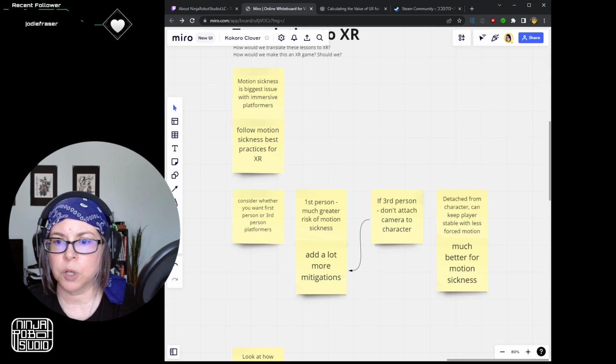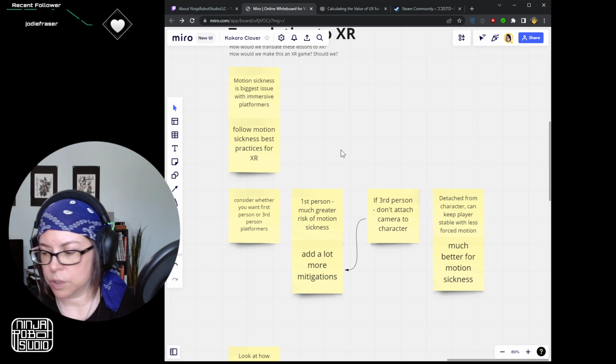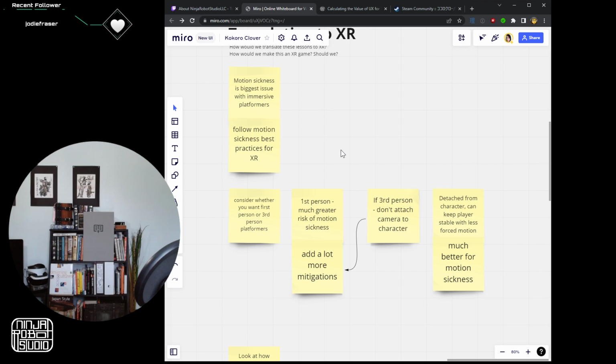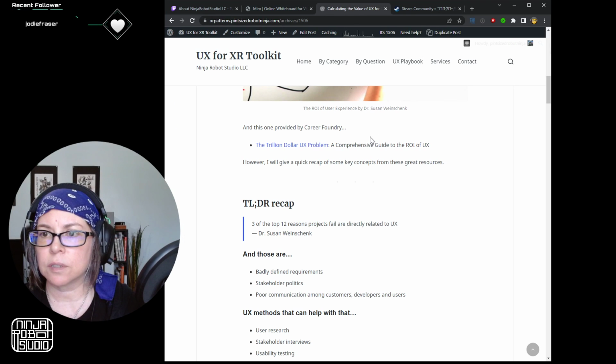So you want to follow motion sickness best practices for XR. And I have that. And I will make a note to include that in the show notes. But that is the biggest thing you're going to have to think about. So here, let's look at the website.